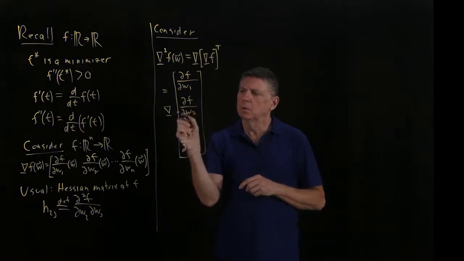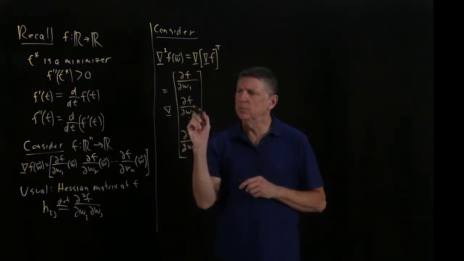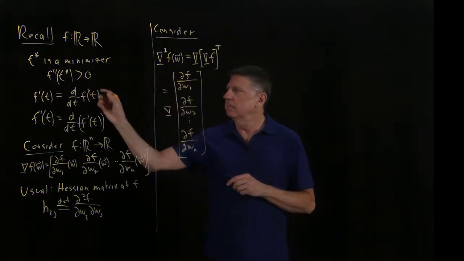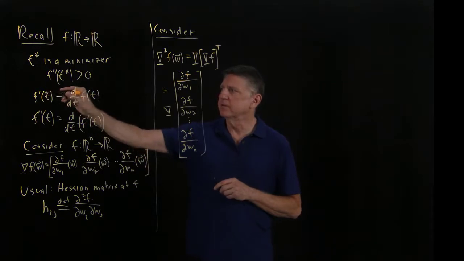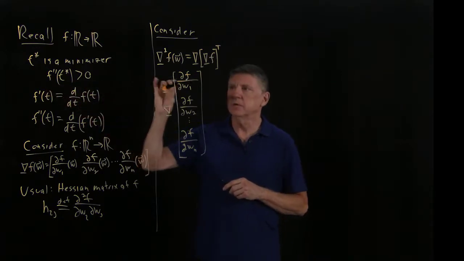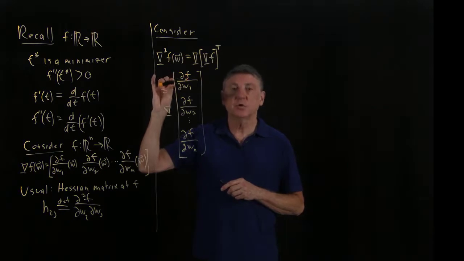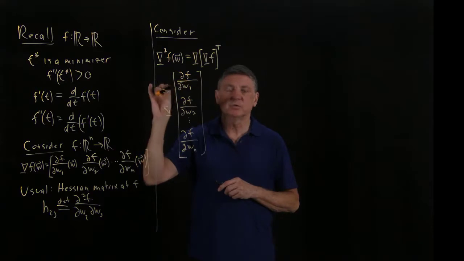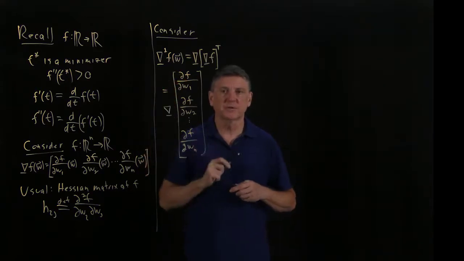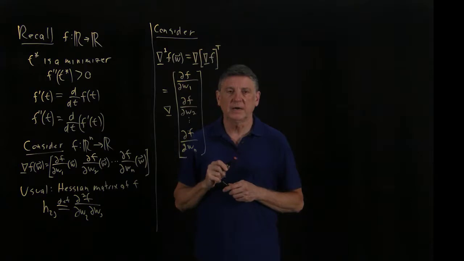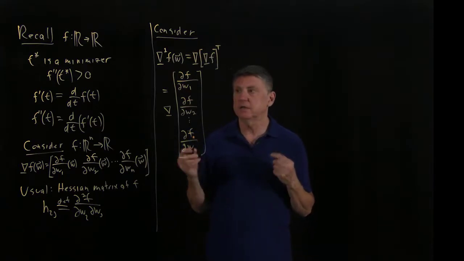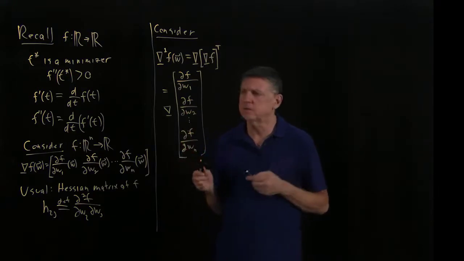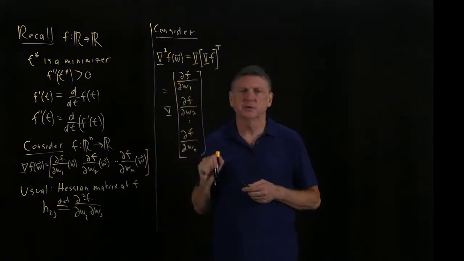Now, let's see what that would do. Well, back in calculus, we treated the derivative as though it was a function. Here, we can treat this as though it's a function. That is, we can take that original f, and then we can use the rules of calculus to find the partial derivative with respect to component 1, and that would give us a new function. And if we differentiated f with respect to w2, in general, we're going to get a different function. So this function and that function are different.